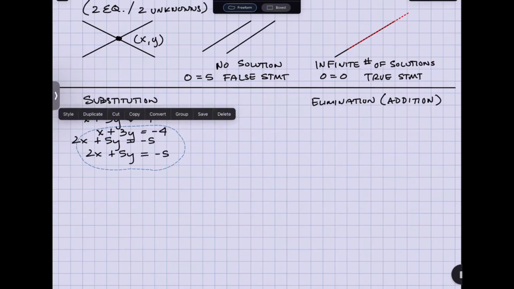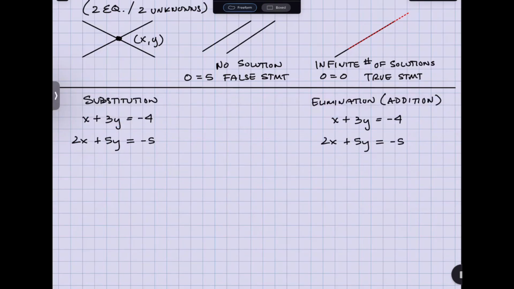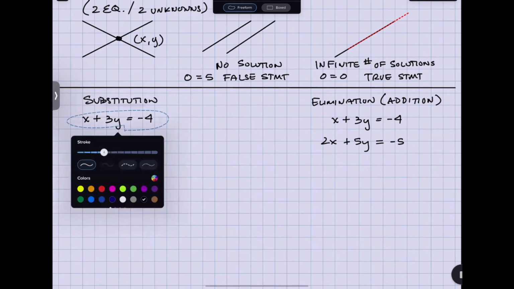If we were to use substitution, we're looking for a coefficient of 1 or negative 1, which we see here.